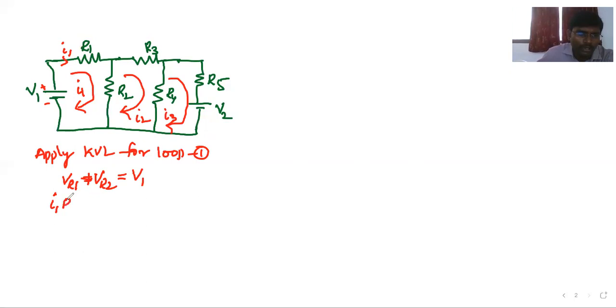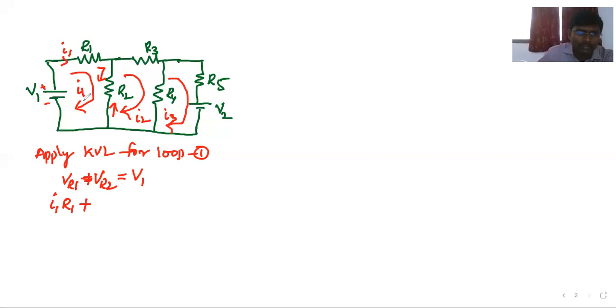So therefore VR1 is equal to I1 into R1 plus, for VR2, what is the current flowing through R2? Current flowing through R2: I1 is flowing downwards, whereas I2 is flowing upwards. So the current flowing through R2 is equal to the difference between these two. For that, this should be considered as the greater.